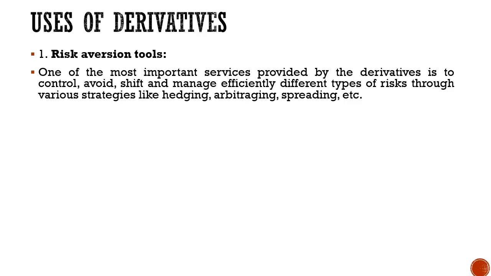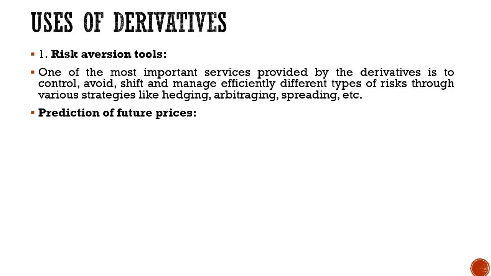That is by hedging, where you are trying to protect your risk. Arbitraging, again similar concept. Spreading is again the difference between the buying and selling. So derivative is basically used for your risk aversion tool.